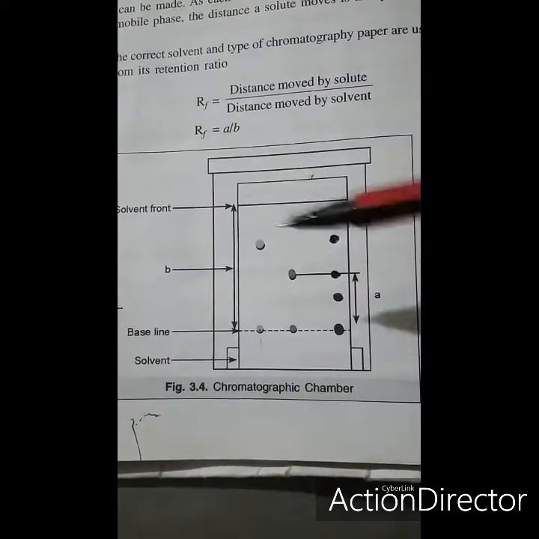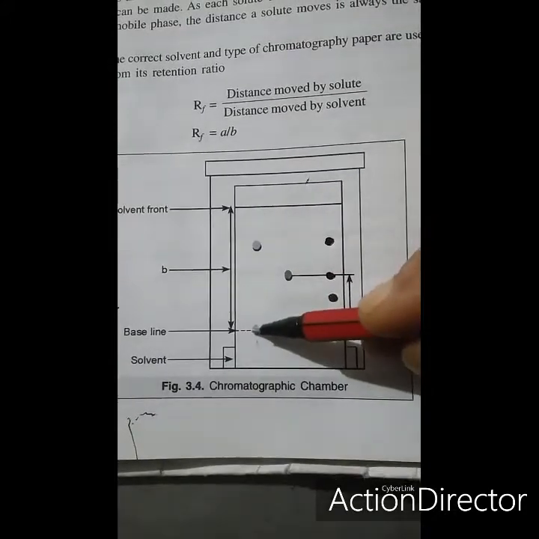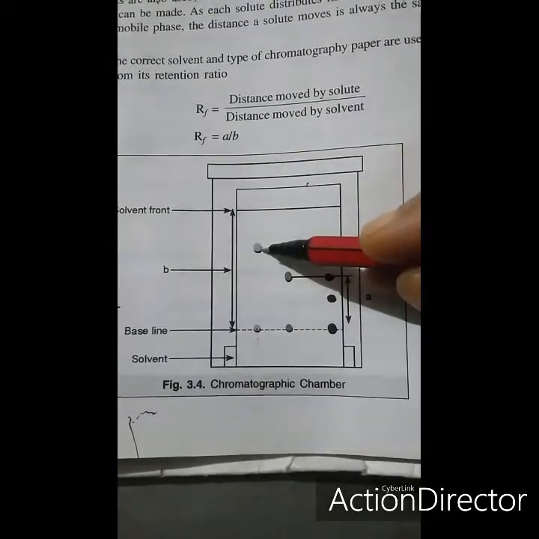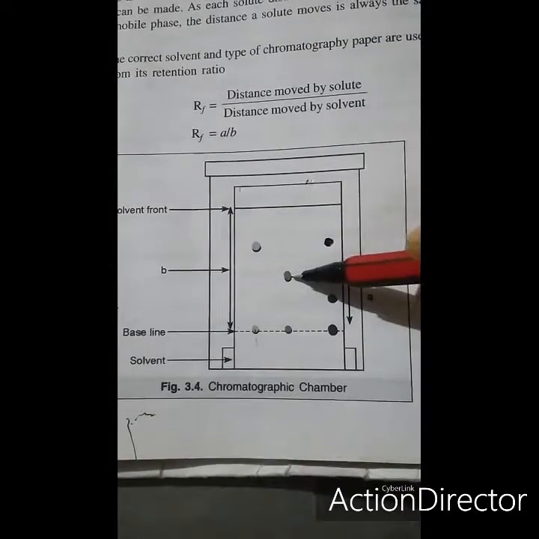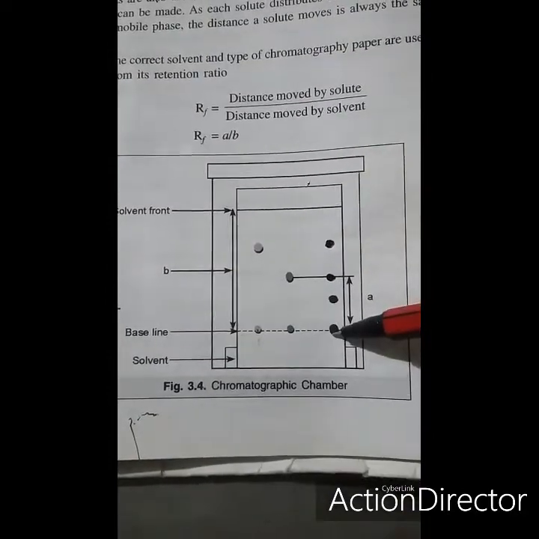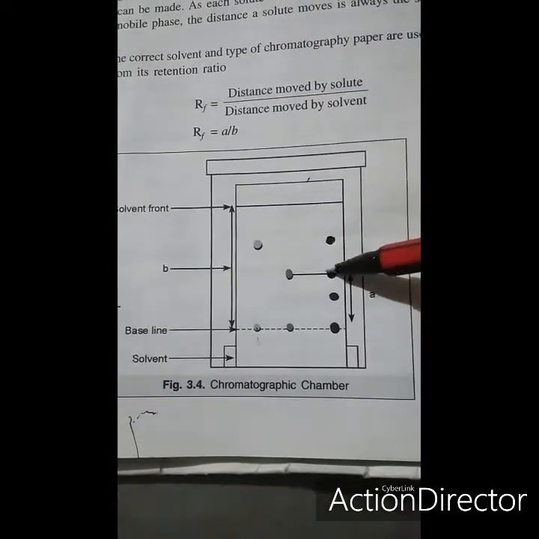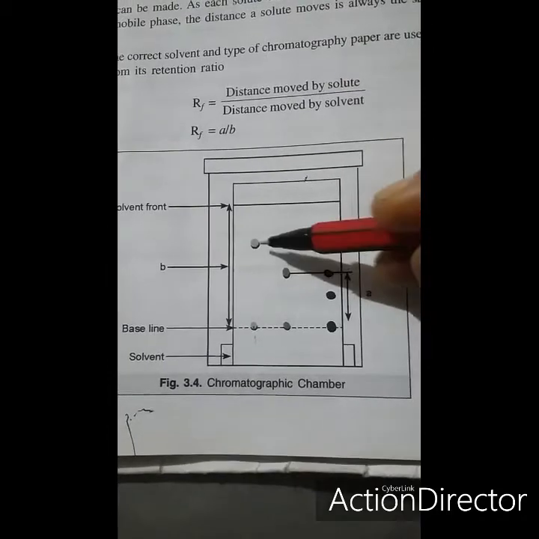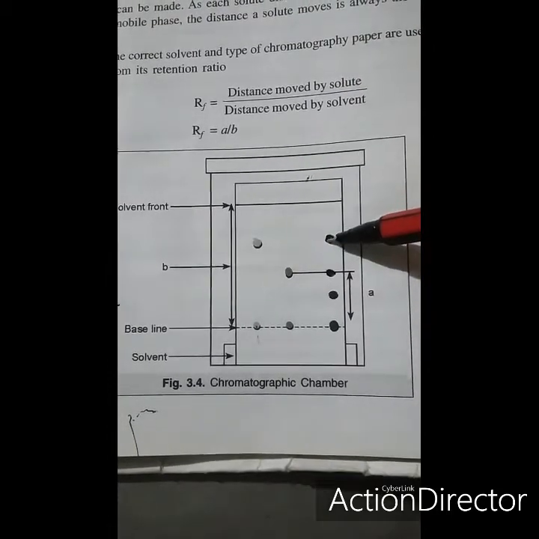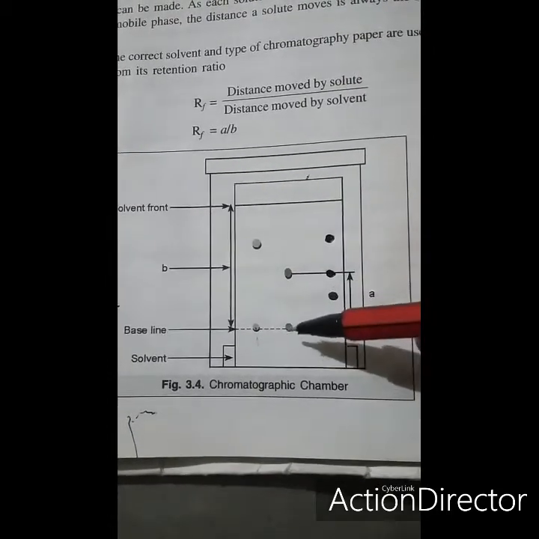Now let us say this has moved up to this end, and this has moved up to this end. So the mixture contains both, one spot here and one spot here.